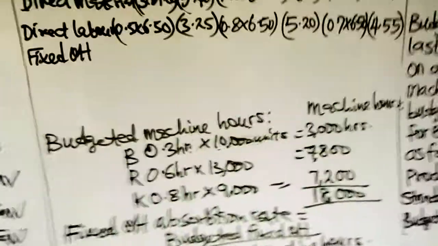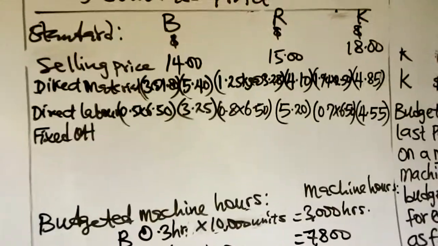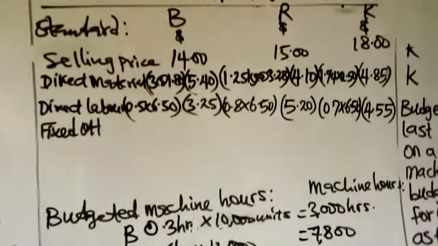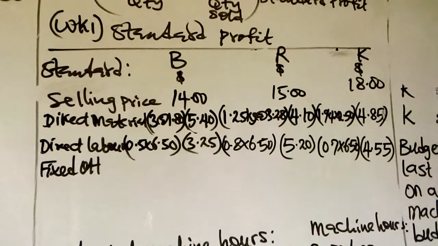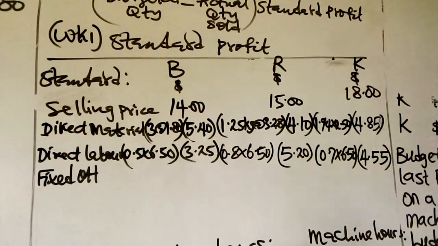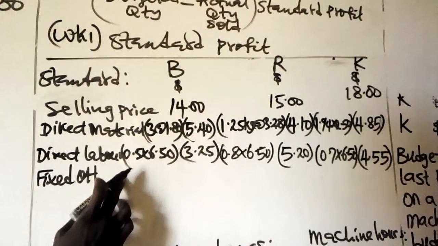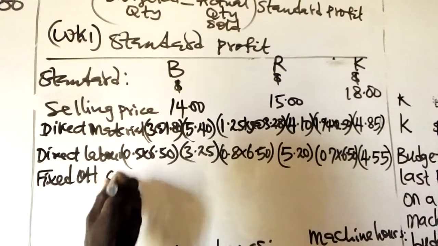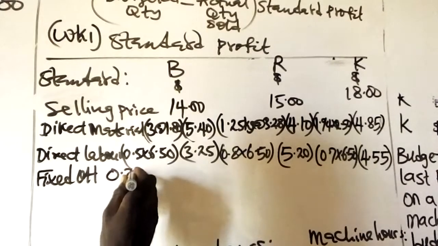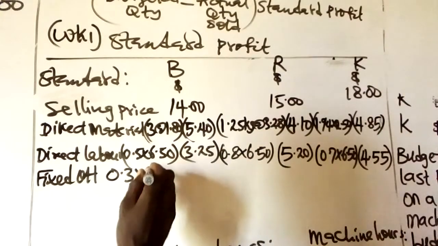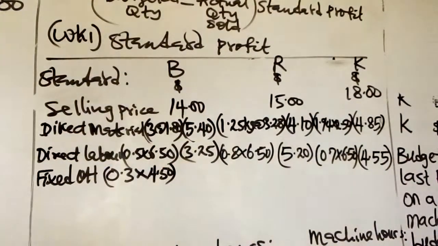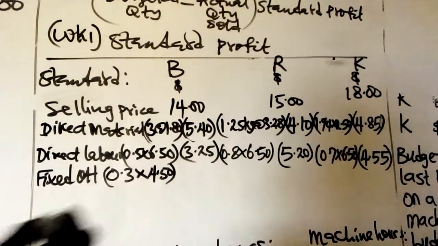So now let's use those hours to absorb our fixed overhead. Remember, our fixed overhead absorption rate is $4.50. For B, 0.3 hours times 4.5 will give us $1.35.